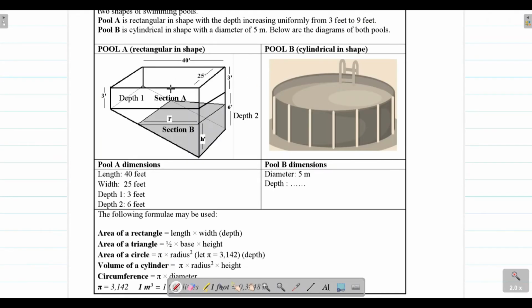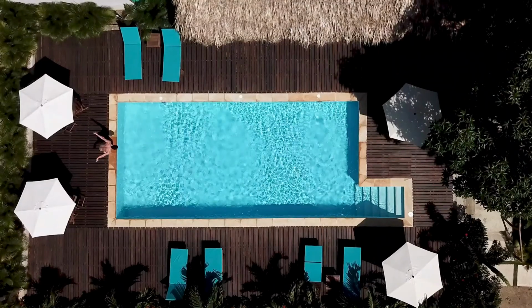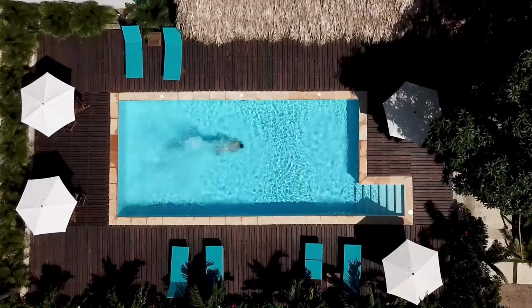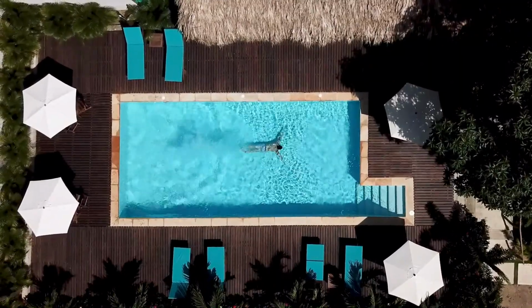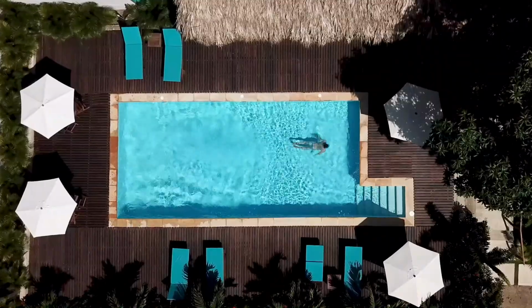So pool A takes a significant amount of water compared to pool B. So why do you think she could have gone for pool A and neglected the fact that pool A uses a lot of water?